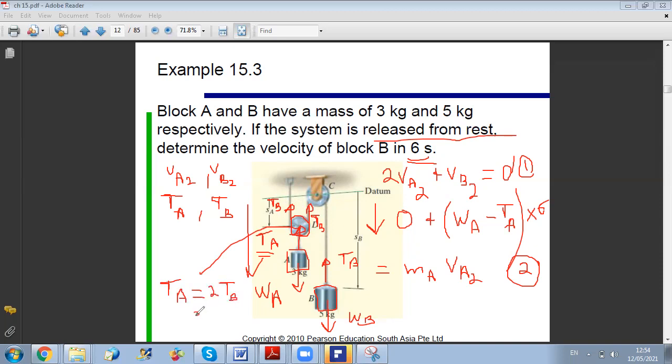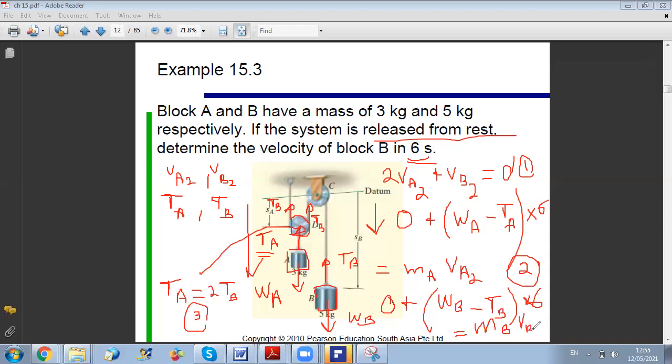Then we need just one equation to close the system, and we certainly know linear impulse and momentum on B, as we did for A. So for B we can write that initially it is at rest, 0, plus the sum of external impulses acting on B, which is WB minus TB, times delta t, which is 6, equals MB VB2.